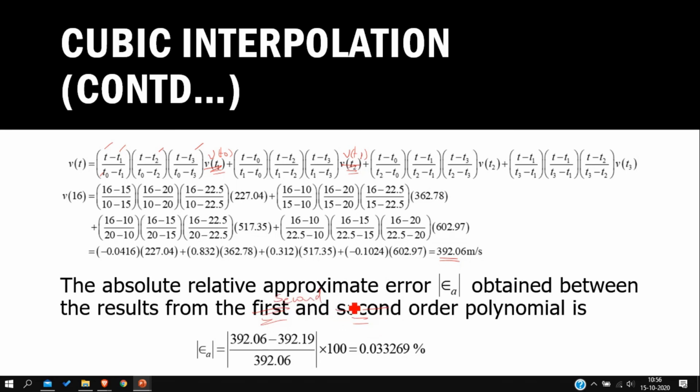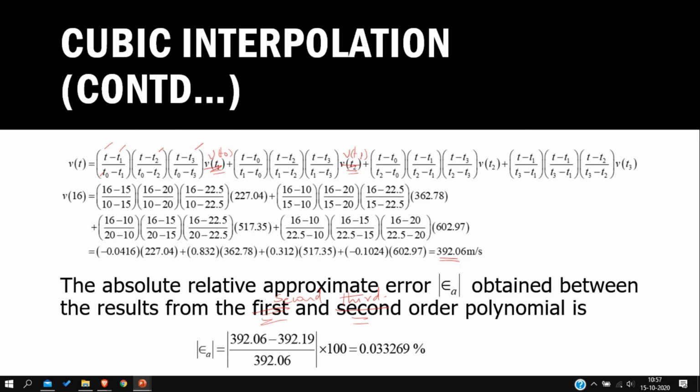Between the first and second order polynomial it was some 0.3%, and between the second and third order polynomial it is some 0.03% difference.